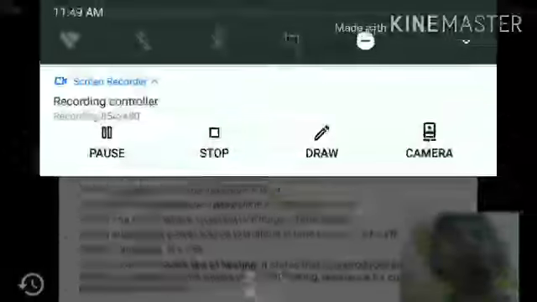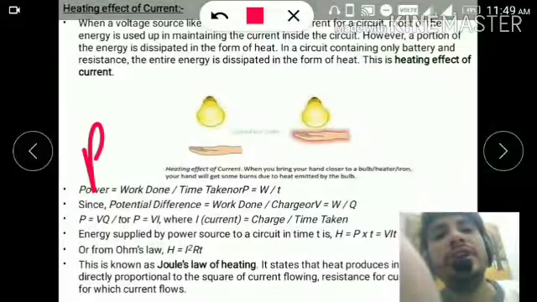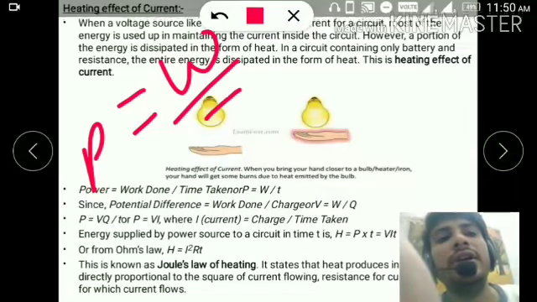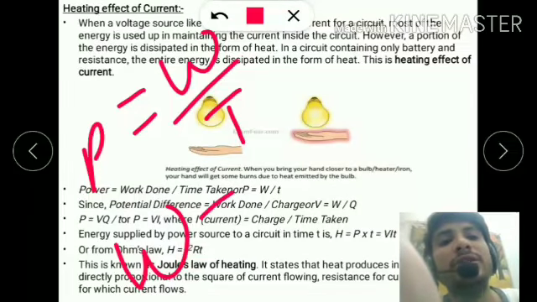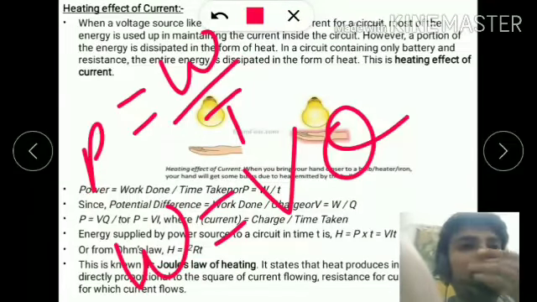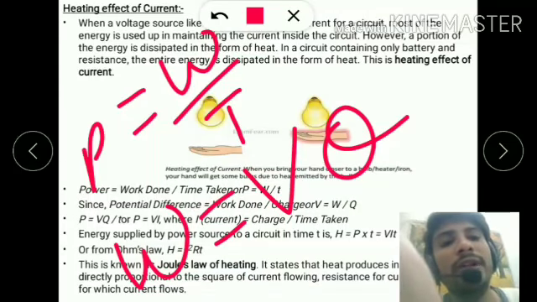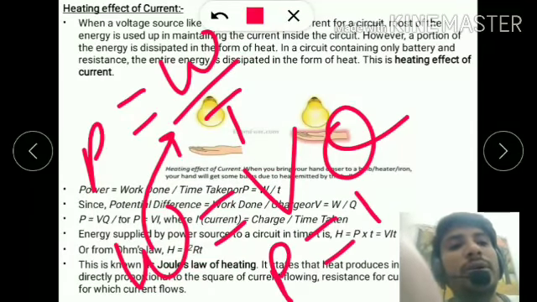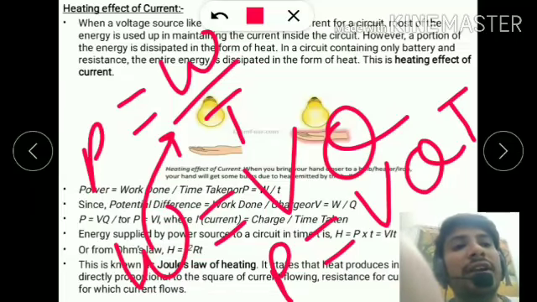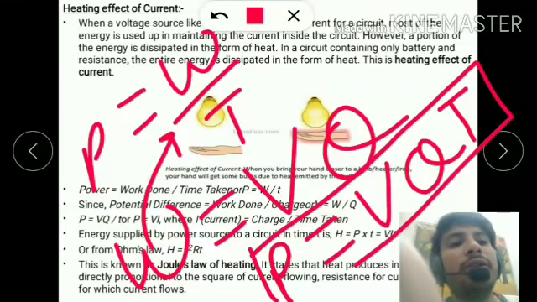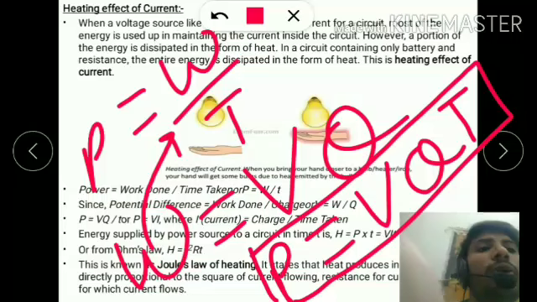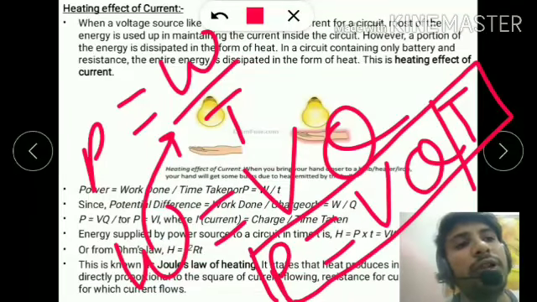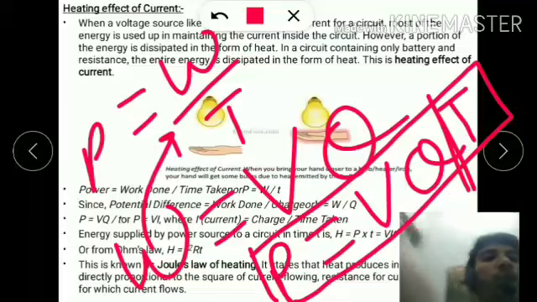We know that P is equal to W upon T, and W is equal to VQ. Then we put the value of W in the formula of power. P is equal to VQ upon T. This is another formula of power.